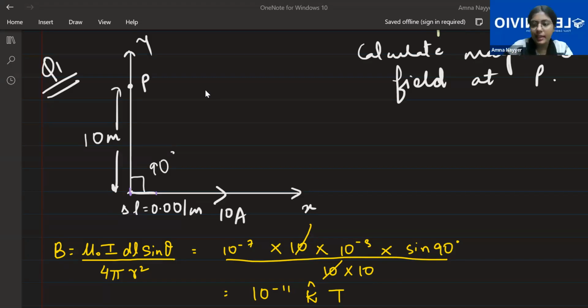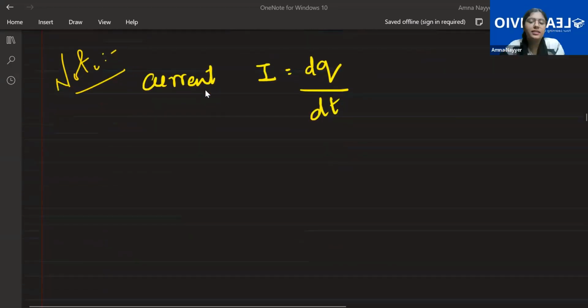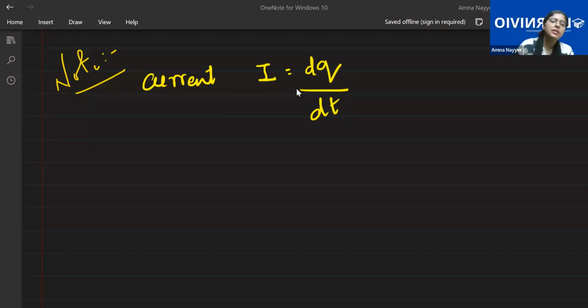Now, just in case in Biot-Savart law, if you see, till now this question hasn't come yet. If charge is given to you, we know current is equal to dq over dt from current electricity, the rate of change of charge.